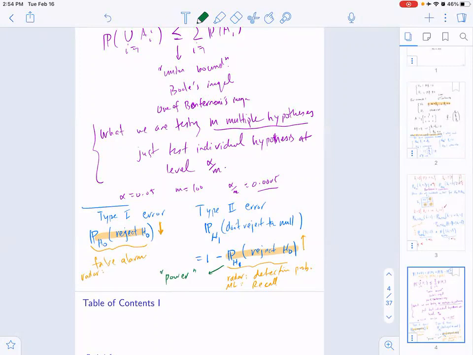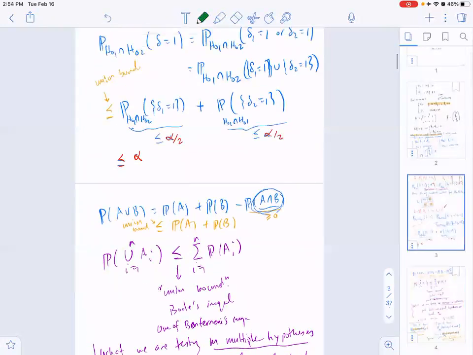Because this bound is loose, there's this probability, and you can see there are negative terms. If you have multiple ones, you get other negative terms that you're suppressing, so this bound becomes very loose.